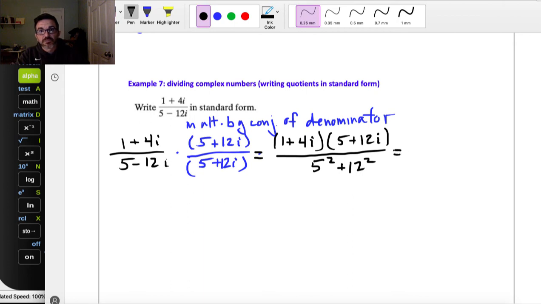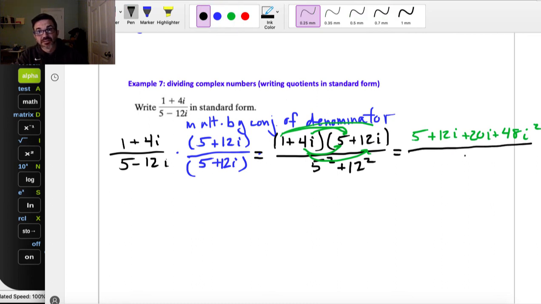So when we multiply that out, we've got 1 times 5, which is 5, plus 12i, plus 20i, plus 48i squared, and all of that is over 25 plus 144.